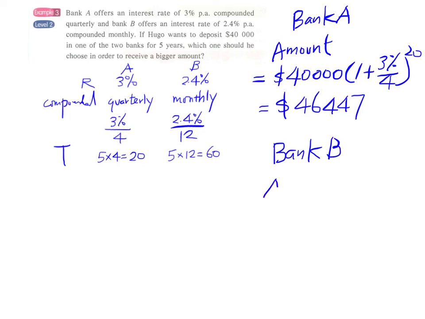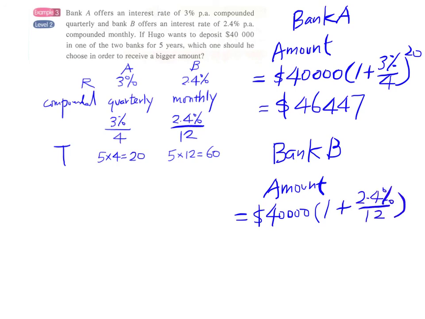And for Bank B, the amount will be $40,000 multiplied by 1 plus 2.4% over 12. This is the adjusted interest rate for Bank B. And we have 60 intervals, 60 months, for calculating the compound interest.